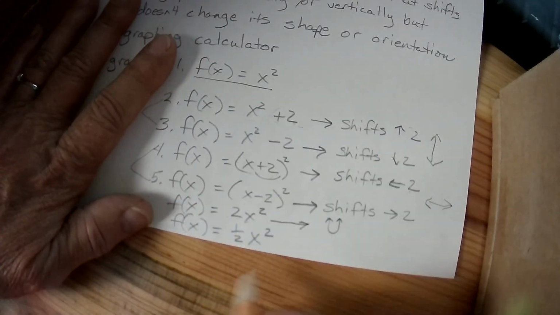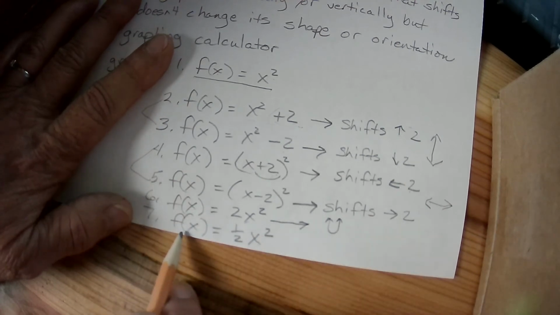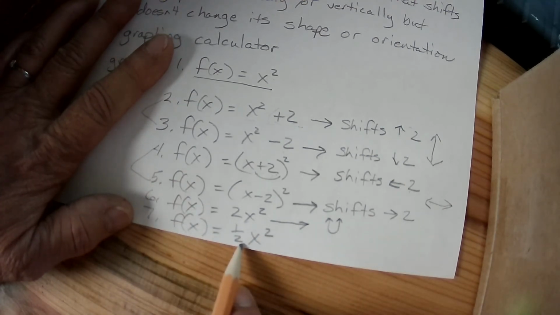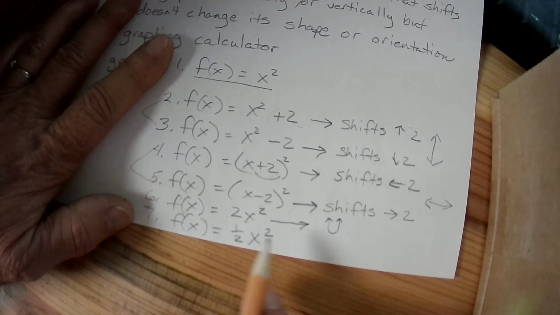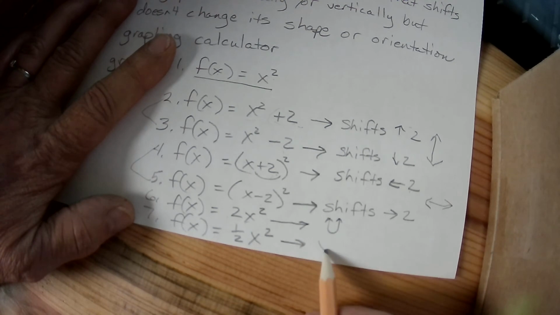So now, when you graph f of x equals 1/2 x squared, or 0.5 x squared, you will see that the parabola got real fat.